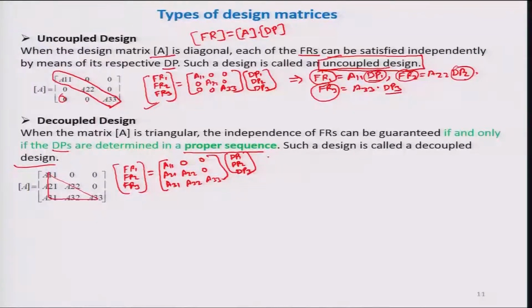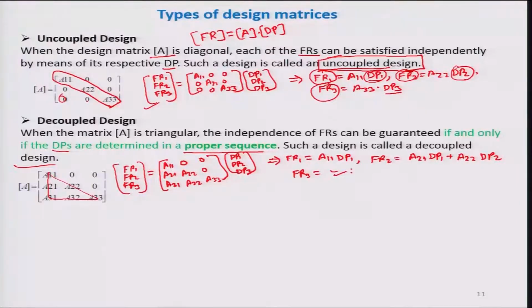So after solving, what you will get? FR1 is equal to A11 dp1, FR2 is equal to A21 dp1 plus A22 dp2. Similarly you can write for FR3 also.